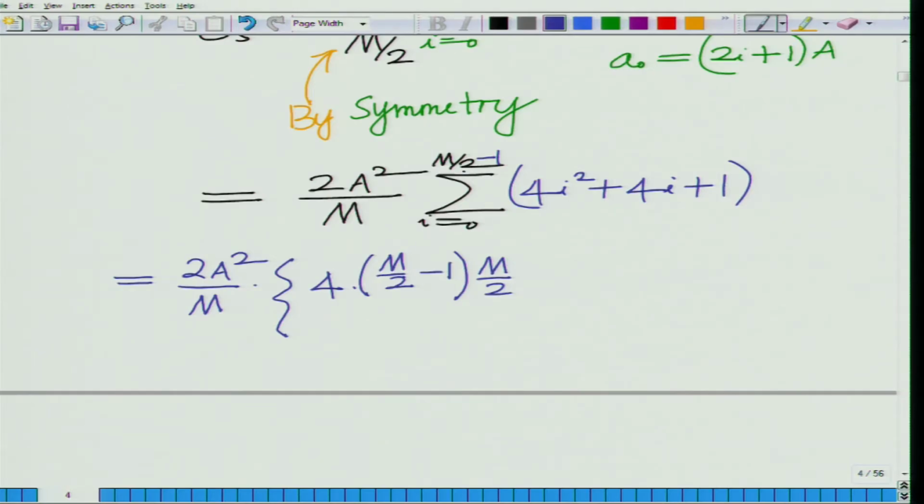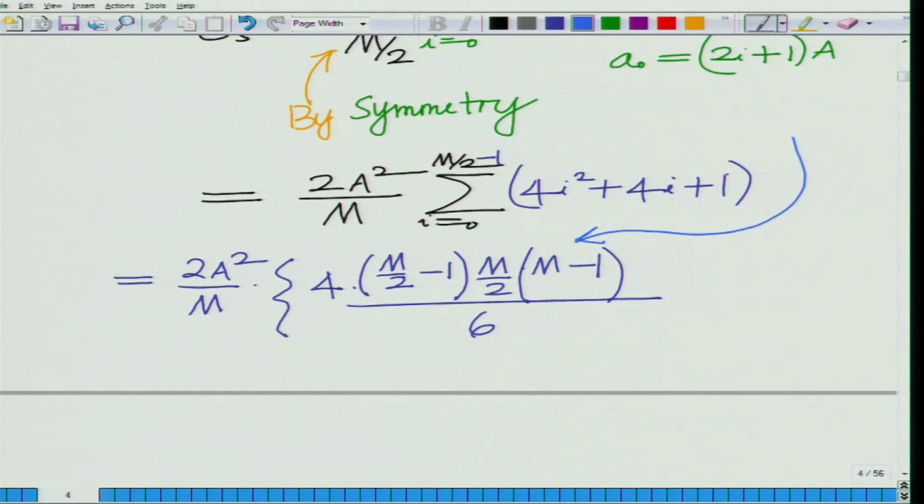Here we have summation from 0 up to M/2 minus 1, so that is (M/2 minus 1) into (M/2 minus 1 plus 1) into (2(M/2 minus 1) plus 1), that is M minus 2 plus 1, that is M minus 1, divided by 6. You should be able to evaluate these from standard expressions, so I am not going to repeat this because you are expected to know it. You evaluate this from the standard expressions for summation of i squared.